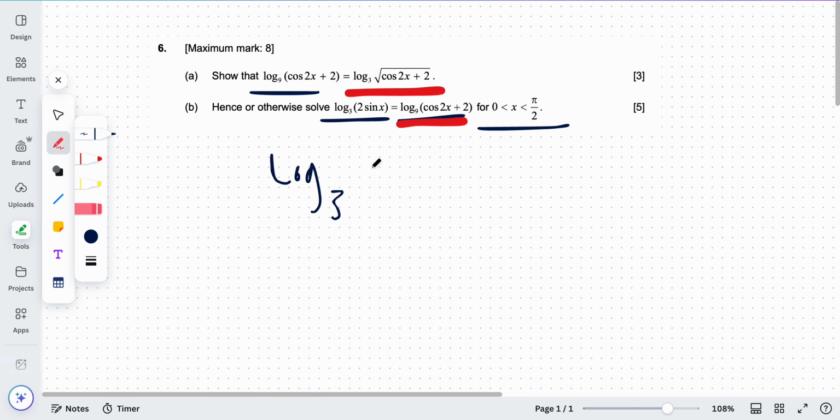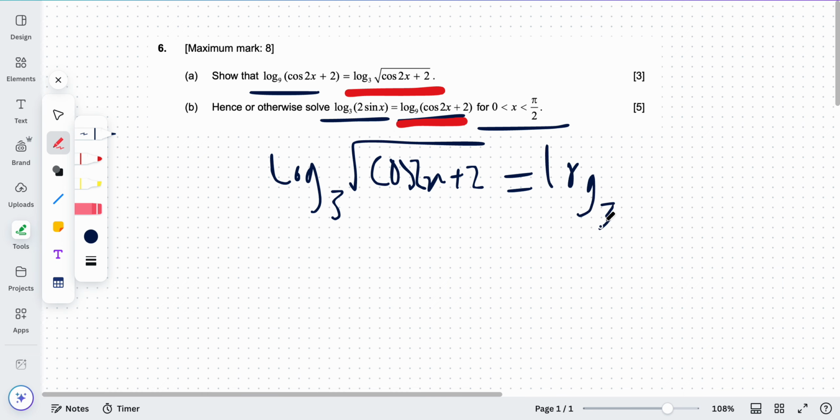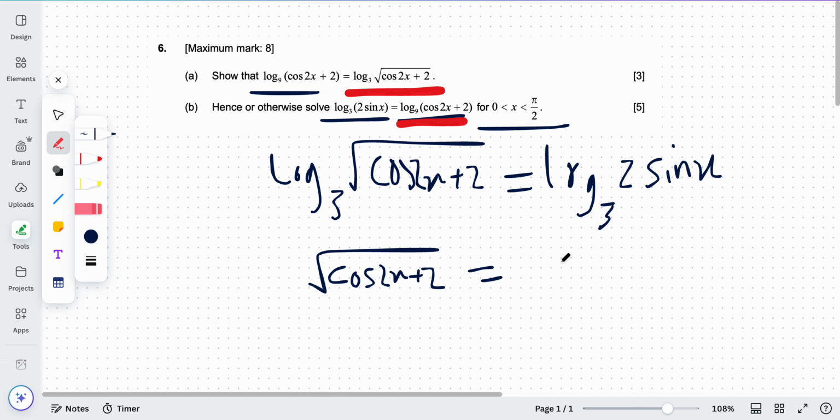Log base 3 of the square root of cos 2x plus 2 equals log base 3 of 2 sine x. Because they're both log base 3, you can imagine these getting cancelled, and then you have the square root of cos 2x plus 2 equals 2 sine x.